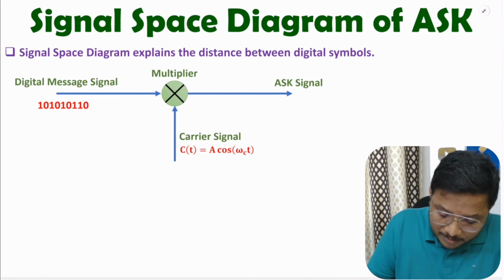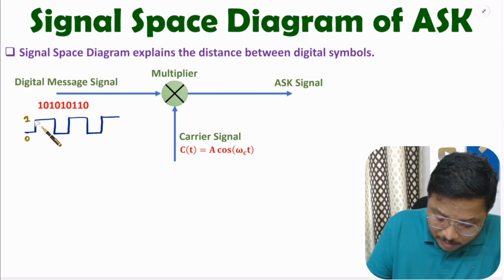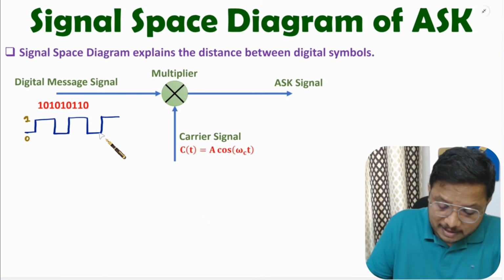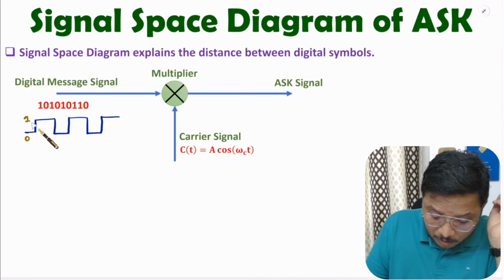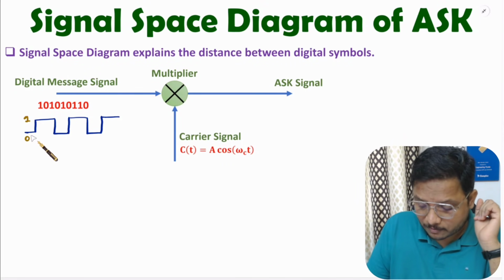If you observe here, we have digital signal, but obviously that digital signal has to be a square wave, right? So with logic 1, if you consider we have higher amplitude, and with logic 0, we have lower amplitude, then in signal space diagram, we need to derive amplitude of logic 1 and amplitude of logic 0.